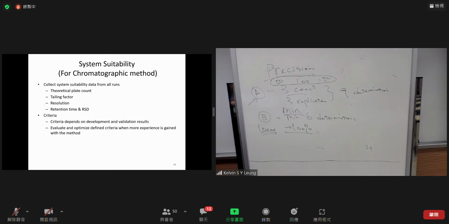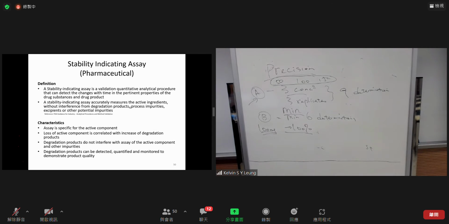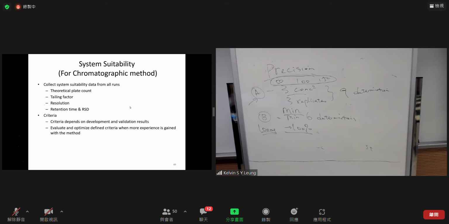If you can remember, suppose all of you have learned HPLC or GC, you will note that there are some requirements on the resolution, which is how well the different peaks are separated, and the tailing factor, whether the peak is having some tailing.